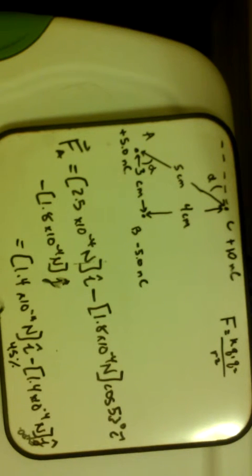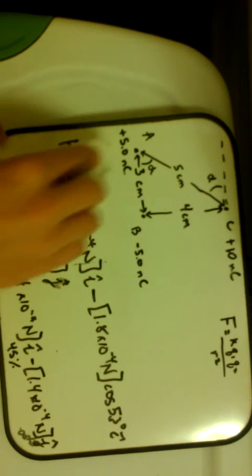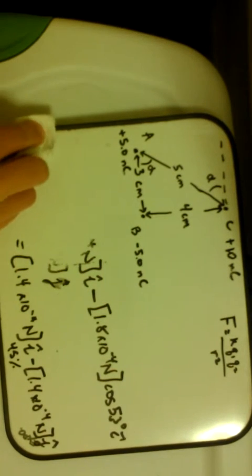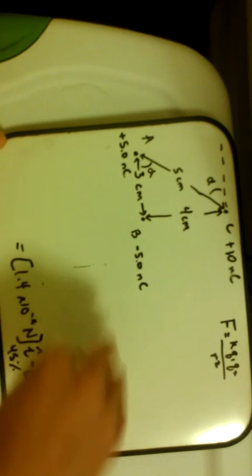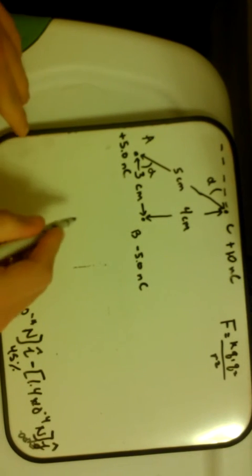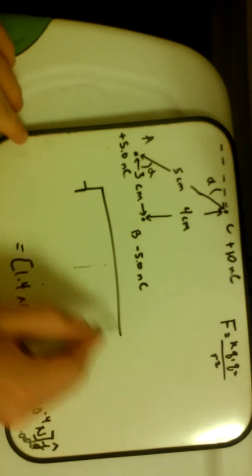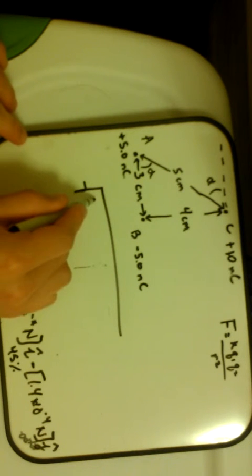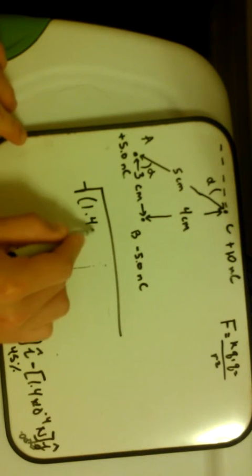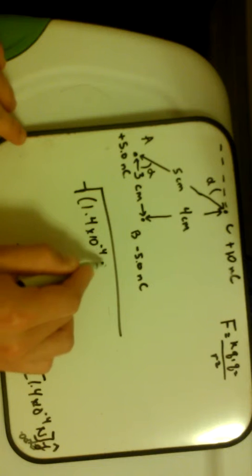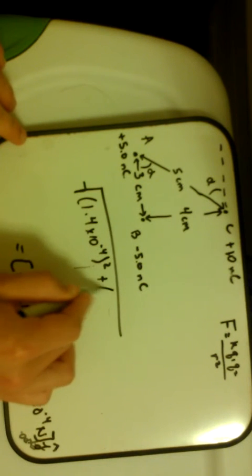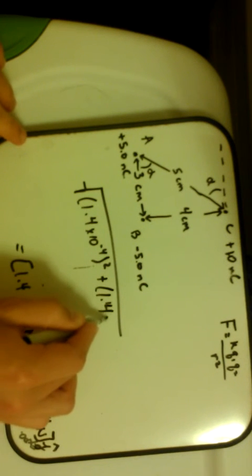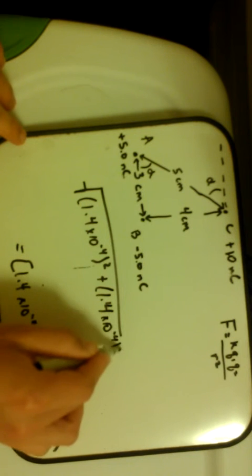So we'll just find the magnitude of this because it asks us to put this in magnitude and angle. I'll keep those numbers down at the bottom there. We'll use the Pythagorean theorem to find that the magnitude will be 1.4 times 10 to the negative 4th squared plus, again, 1.4 times 10 to the negative fourth squared.